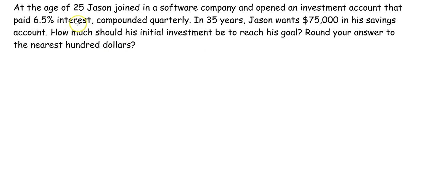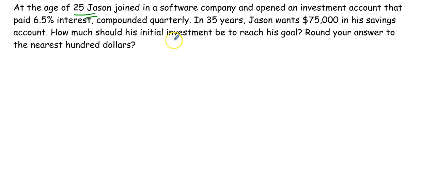So in this scenario, we have Jason, who is 25 years old, and by the time he reaches 60, 25 plus 35, he wants to have $75,000 in his savings account. So what is his initial investment?